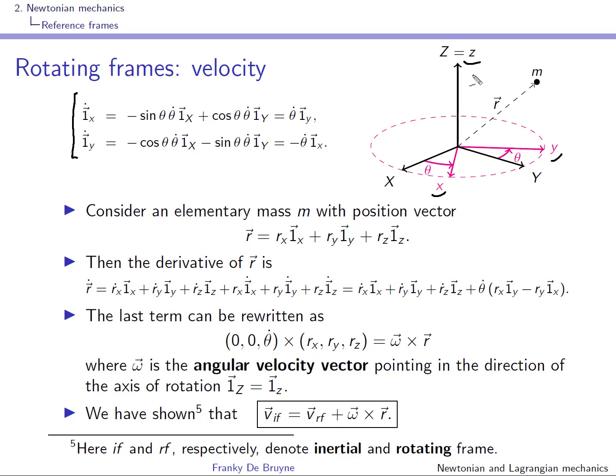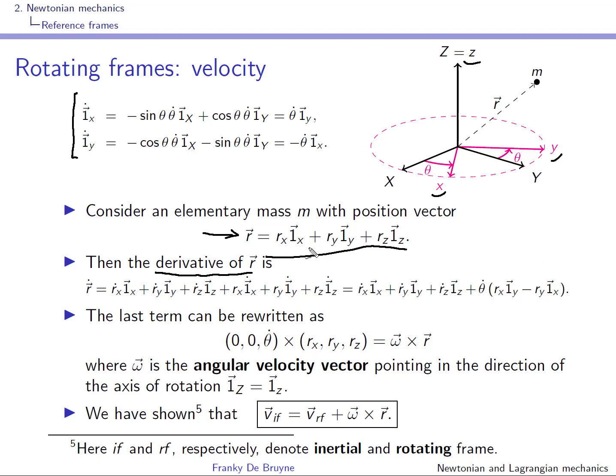So now we'll take a mass, and we'll have its position vector, which is vector r, and we'll describe it in the non-inertial frame in this way. Now we can take the time derivative of this vector and see what's happening.